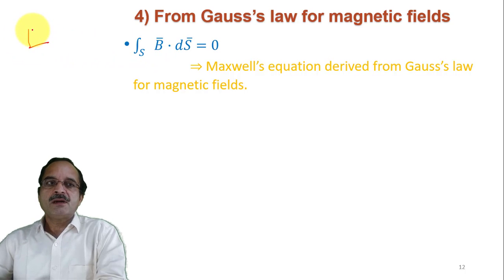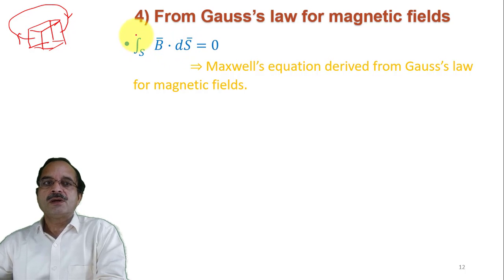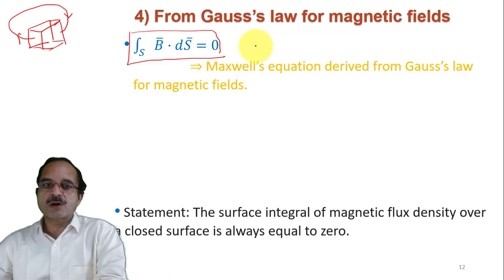This means whatever flux is entering inside the volume, the same flux will leave this volume. Because of this, we can say the surface integral B dot ds is equal to 0. So this is the Maxwell's equation derived from Gauss law for magnetic fields, in integral form.